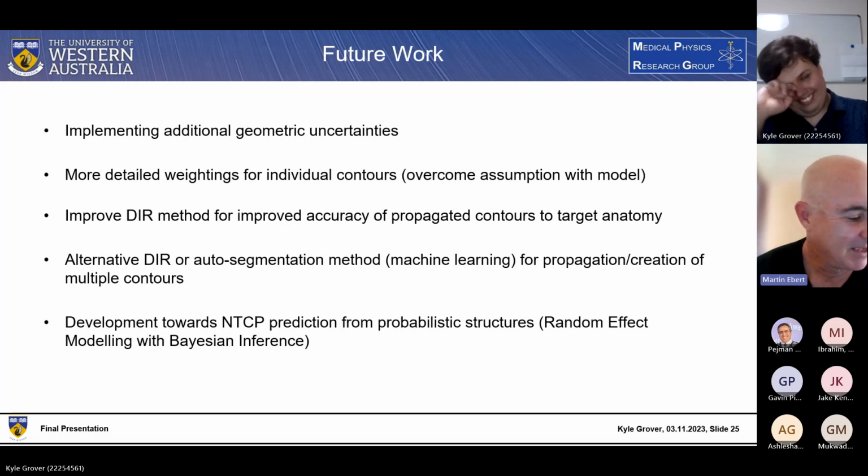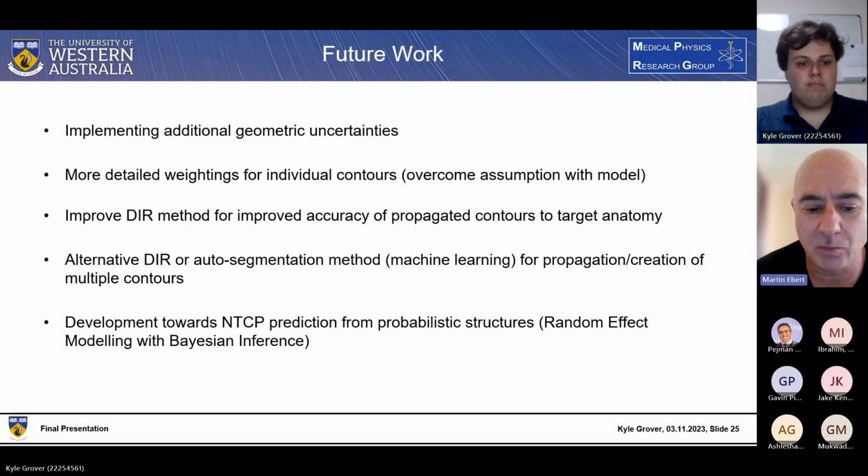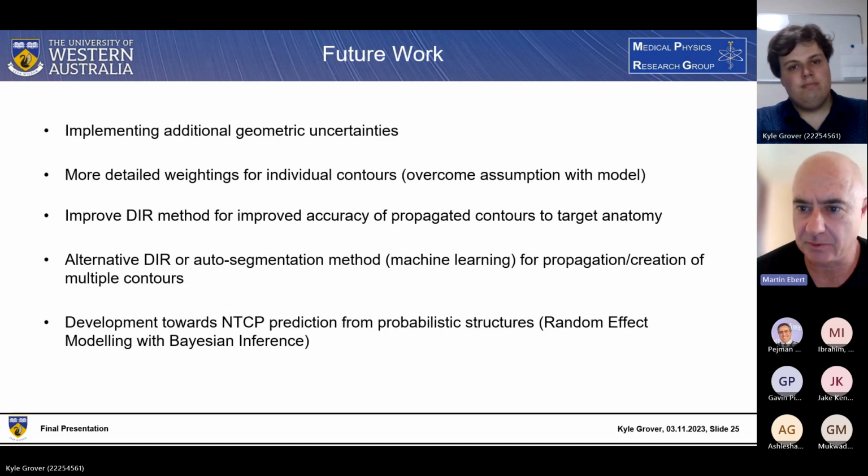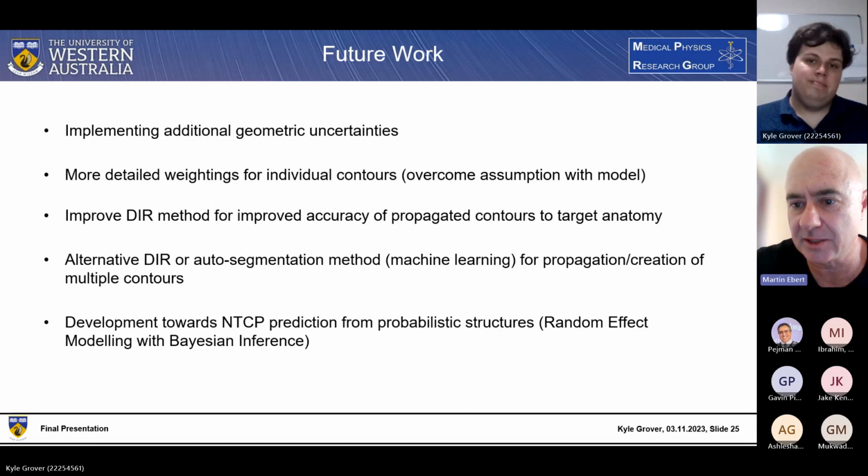So one of the things I originally thought we could use this for would be to get better estimates of parameters for the toxicity models. So if we now go back to the trial data set, normally people rely on the clinician's outline as a way of deriving the DVH information to get the estimate of toxicity.